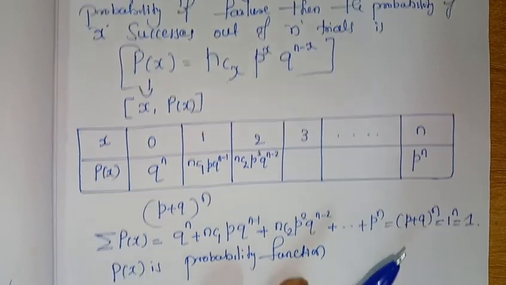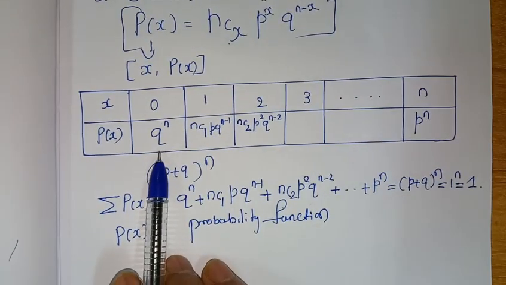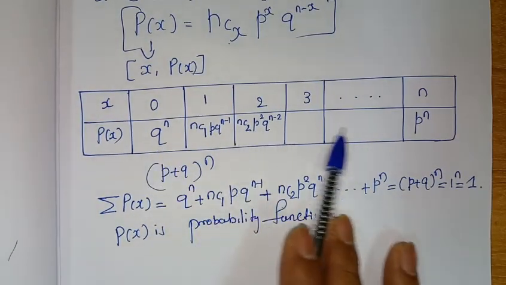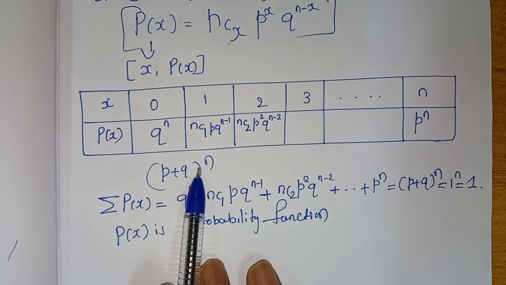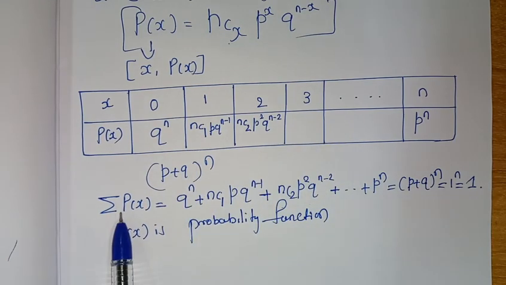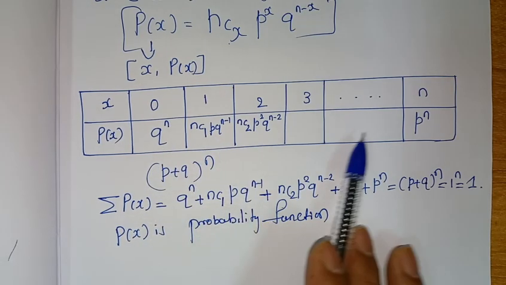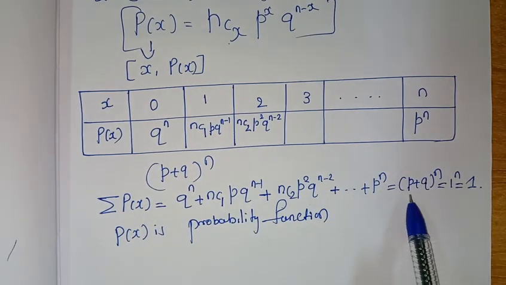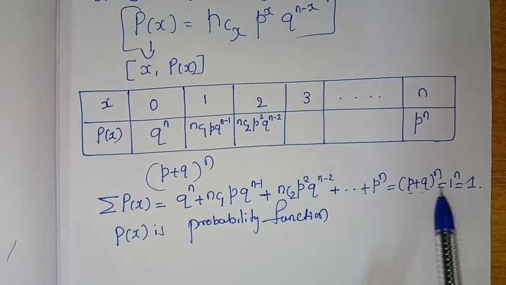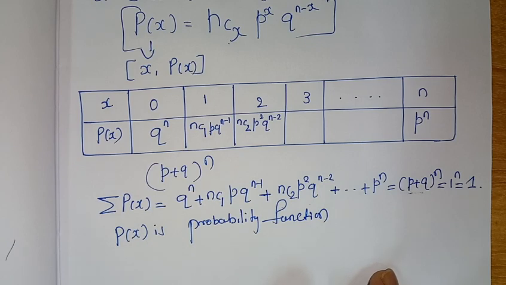These are terms of the binomial expansion of (p plus q) whole power n. Therefore the summation of P of x is q power n plus ... plus p power n, which is (p plus q) whole power n equal to 1 power n, because p plus q is 1. So P of x is a probability function.